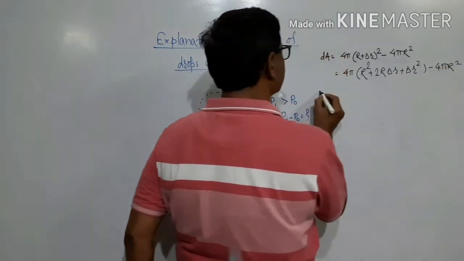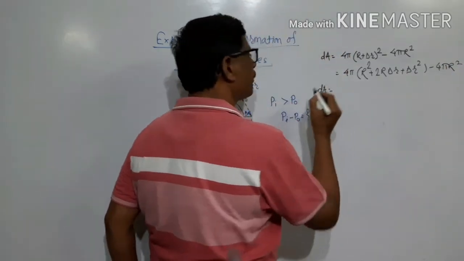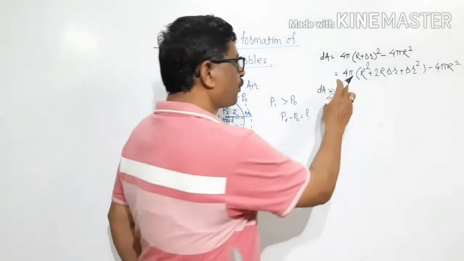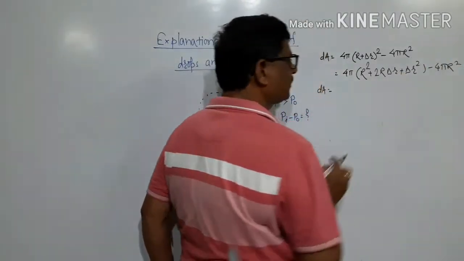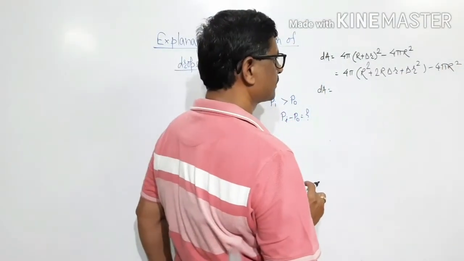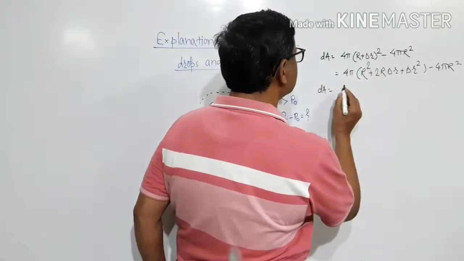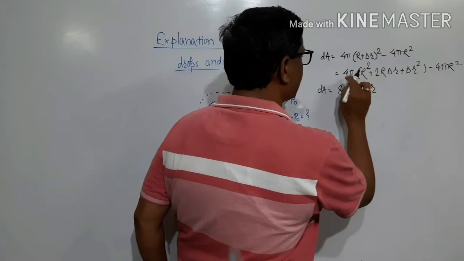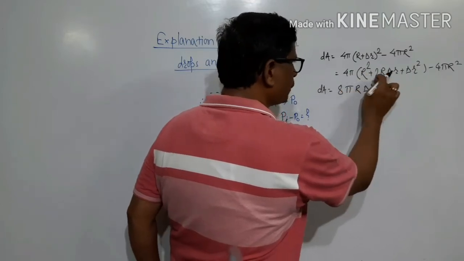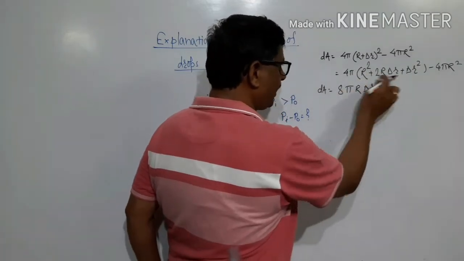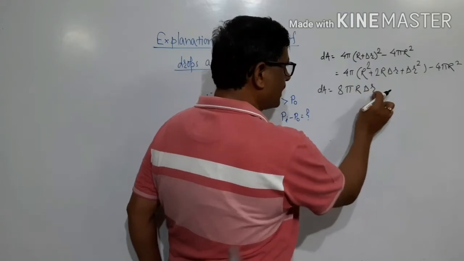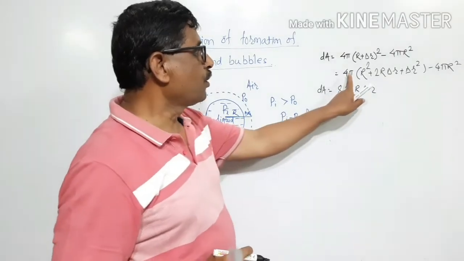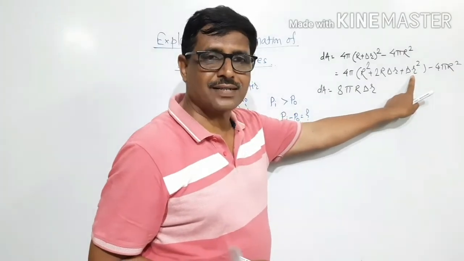This is the increase of surface area of the liquid. This 4 pi R square gets cancelled. What remains is 8 pi R delta R plus 4 pi delta R square.